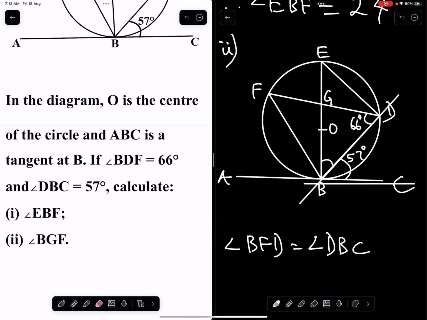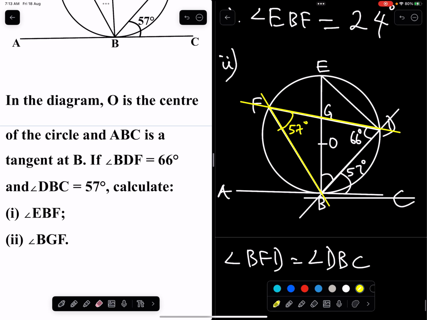And there's a theorem that says angle between a chord and a tangent is equal to angle in the alternate segment. And how do we know that alternate segment angle? It is the angle formed by any two lines that meet at the circumference. As we can see here, BF and FD meet at the circumference to form a triangle with the chord BD. The angle between those two lines is an alternate segment angle. So this is 57 degrees.